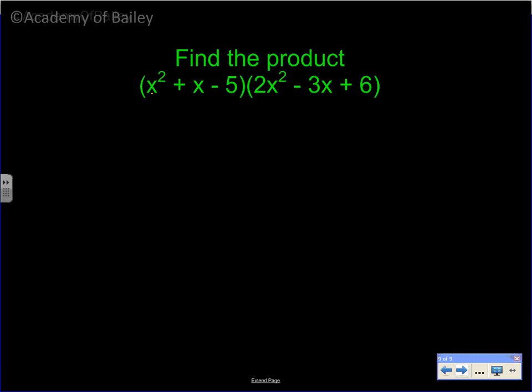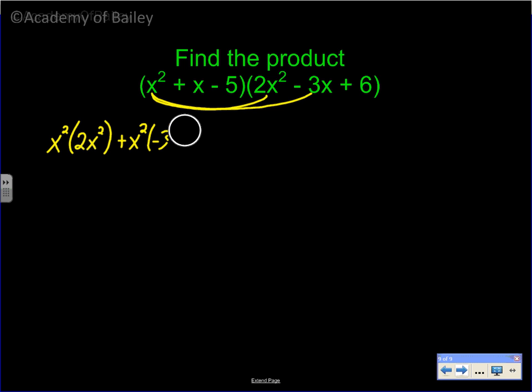So x squared times 2x squared. Positive x squared times negative 3x. Now we're down an h. Just think about the last problem we just got done doing. And we have a positive x squared times a positive 6.